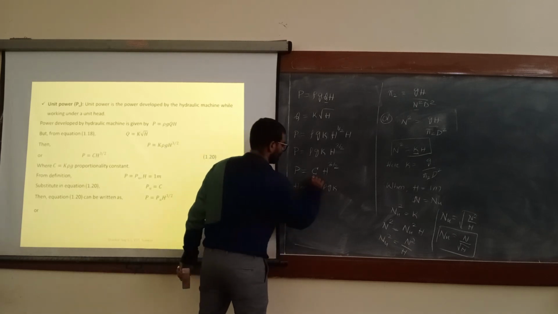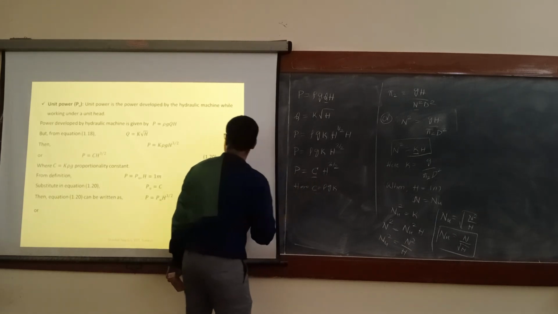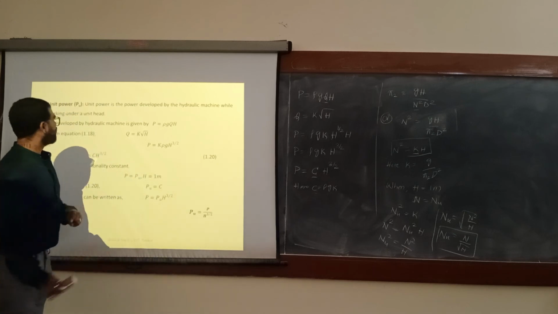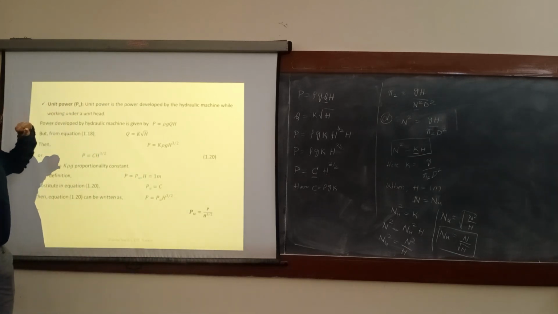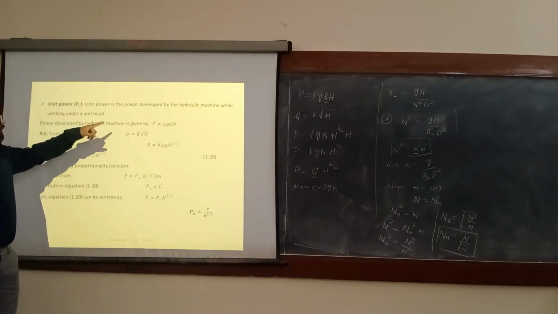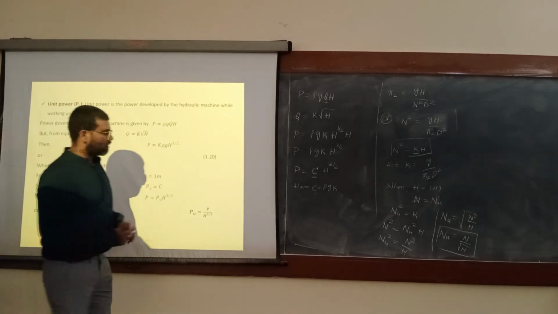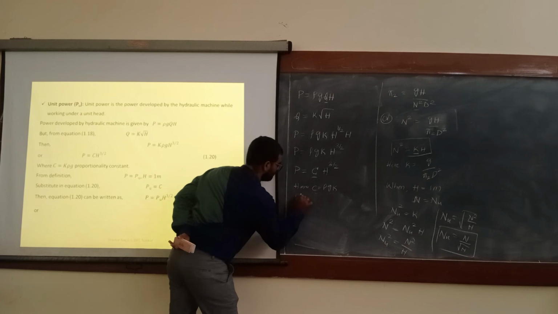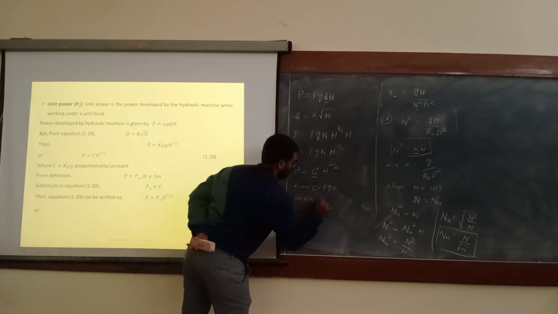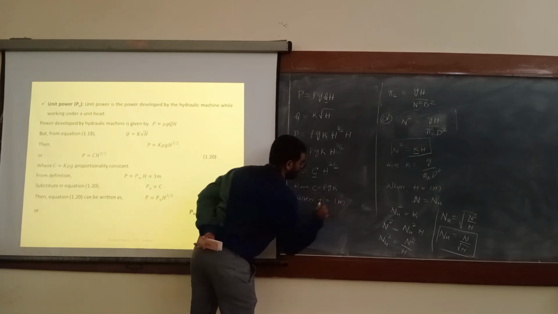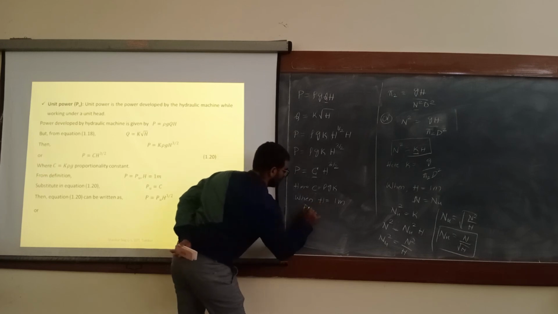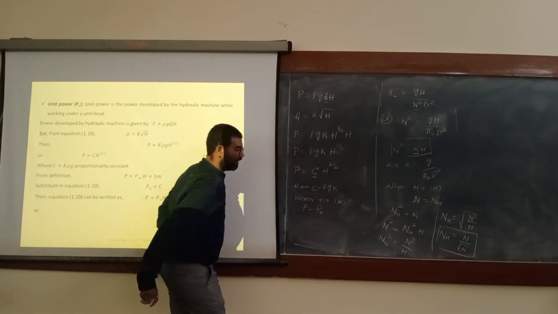We need to get the value for C from the definition of unit power. What does unit power say? When the head is equal to 1 meter, the power is equal to unit power. That means when H is equal to 1 meter, power is equal to unit power.